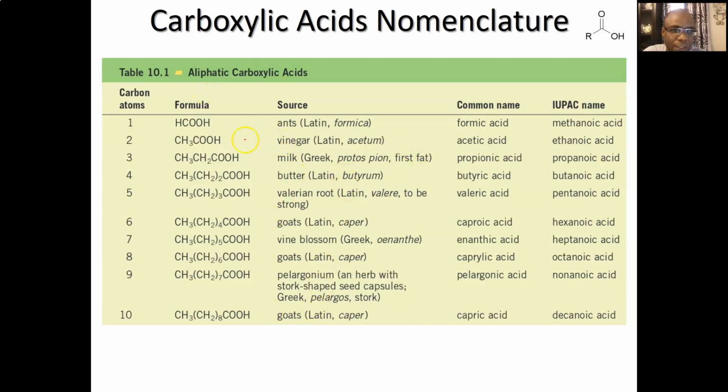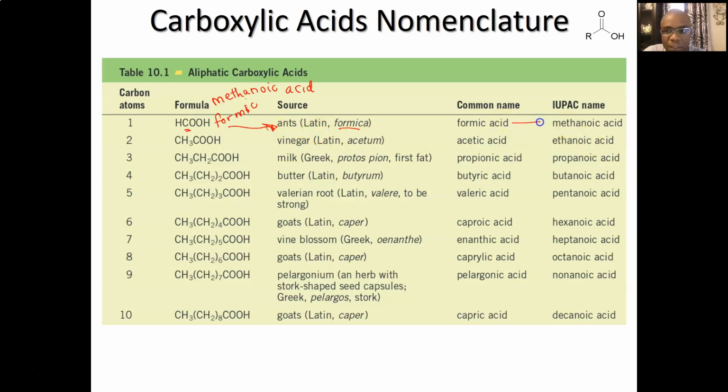So here this table is just listing the type of acids. Remember, this is formic acid or methanoic acid. Guess why it's called methanoic acid? The reason is only one carbon in this formula. I told you this is found in ants mostly, and the Latin, of course, is formica, because it comes from ants.